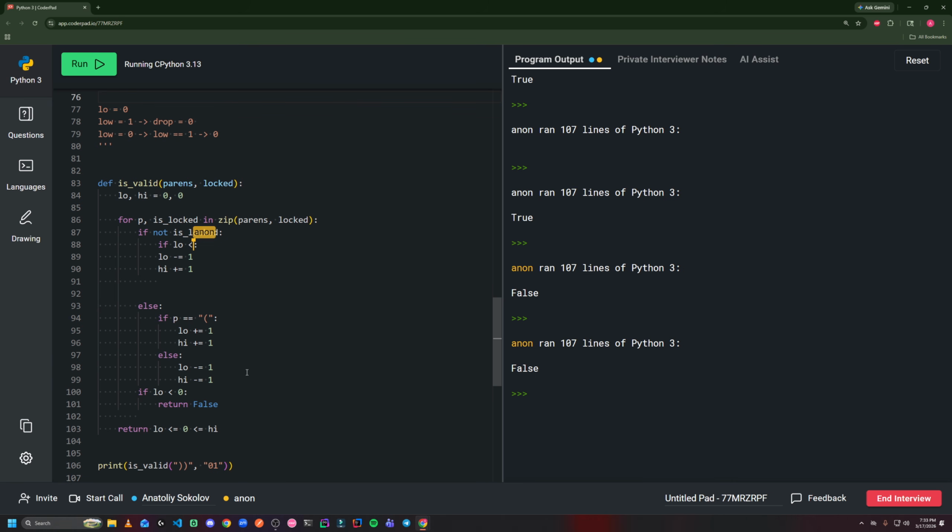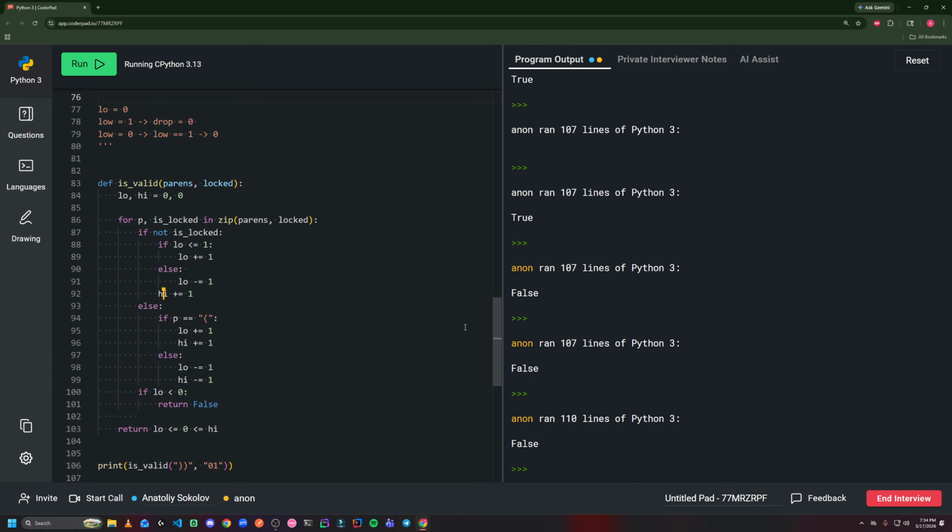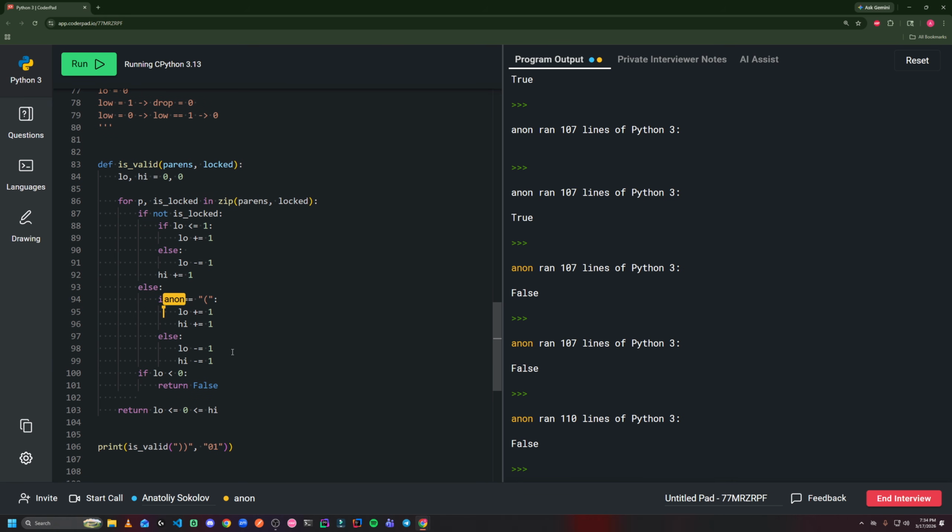If it's less than or equal to 1, then we have to increment. Okay, something like that. Okay, so that did not work on this simple case.